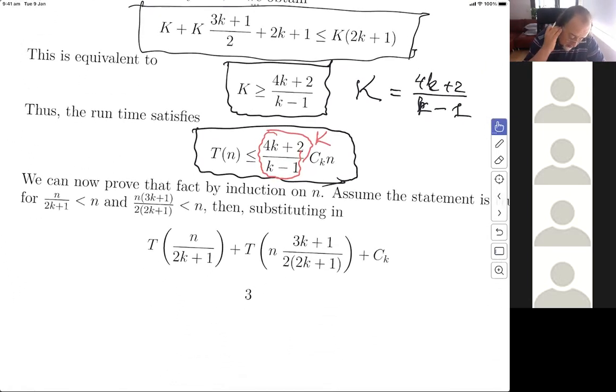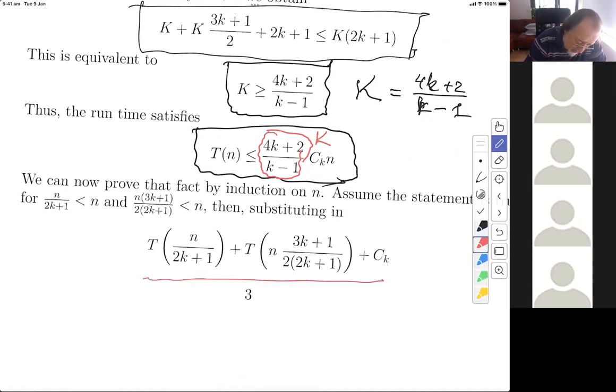So this is our runtime, and we assume that by induction, this is smaller than K times ck times the size of the input.